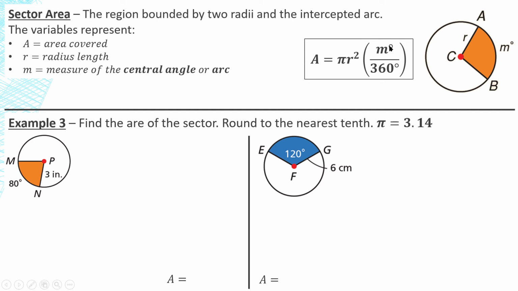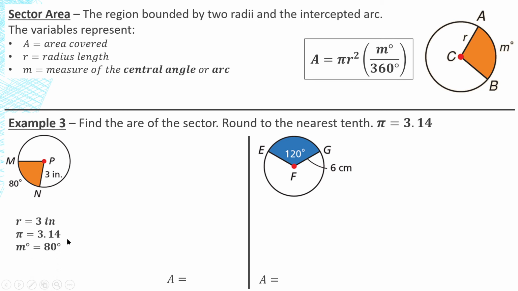How many degrees m of all 360 of the full circle are shared here. That's the purpose of that m over 360. Nothing changes, except instead of L, we're now using A. A is the area, r is the radius, and m is the measure of the central angle or arc measure. Either one works. Let's have a look.